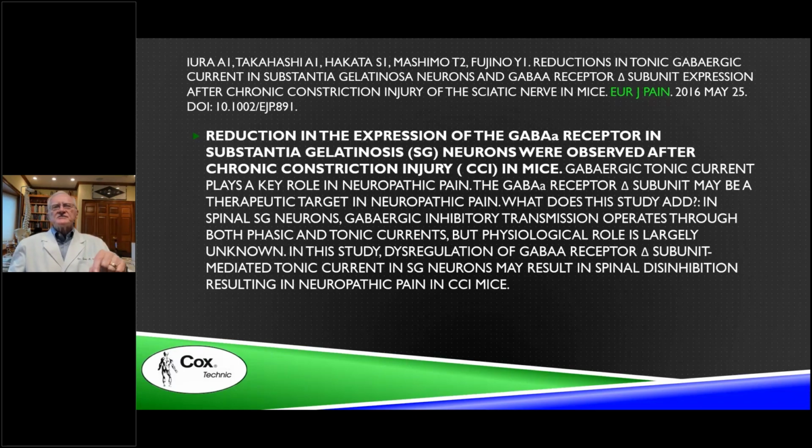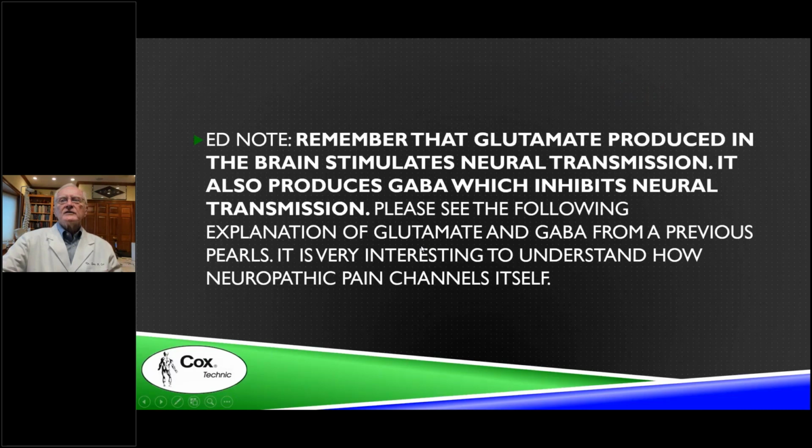When you have chronic constriction, what do we have? We have a reduction in the production of gamma aminobutyric acid, which heightens the pain element. Remember that glutamate produced in the brain stimulates neural transmission. It also produces gamma aminobutyric acid, which inhibits neural transmission.